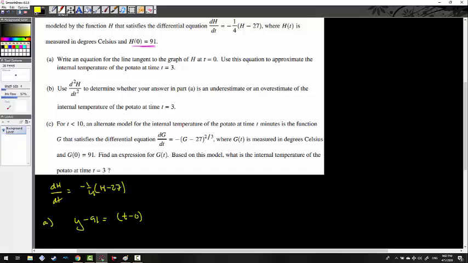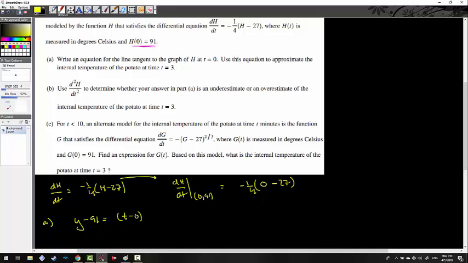Luckily we already have the derivative, so all we have to do is plug in the appropriate pieces to find the slope at that moment in time. So what's that going to look like? Well, that's dh/dt at the coordinates (0, 91), and that's going to equal negative 1/4 times a blank minus 27. Now, if you've gotten this far, the hardest thing, and the mistake everyone's going to make, is plugging 0 in there, because we're used to plugging in the x coordinate.